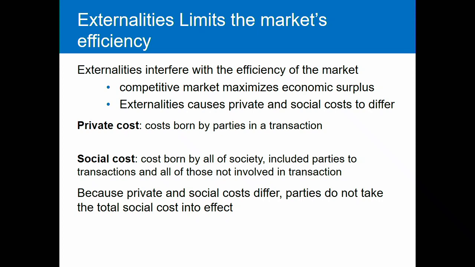So your private costs are costs borne by a party in a transaction. When you go to a pizza shop in town, the private cost is what you're paying. The social cost is the cost borne by all of society. So it's the parties to the transaction, and then those not involved in the transaction.